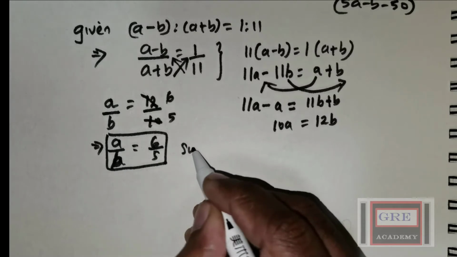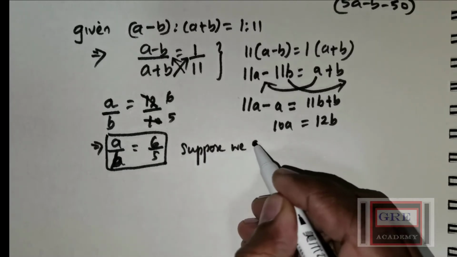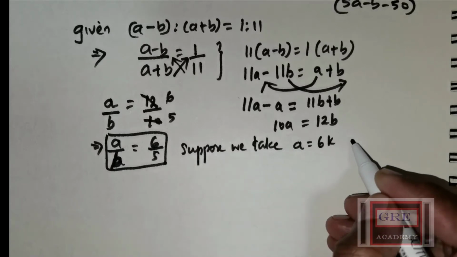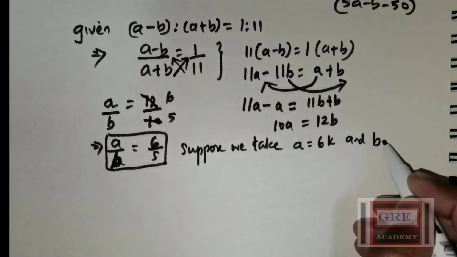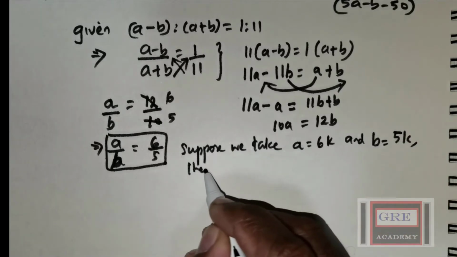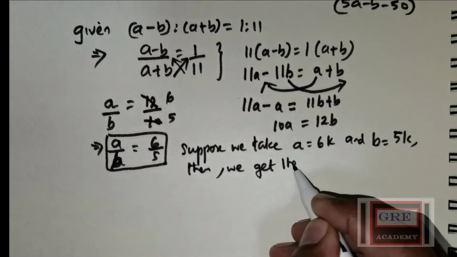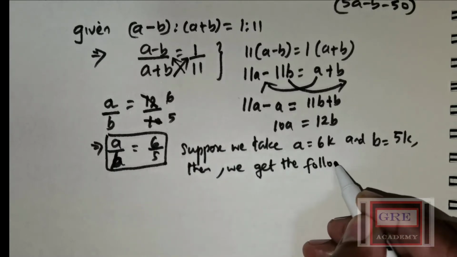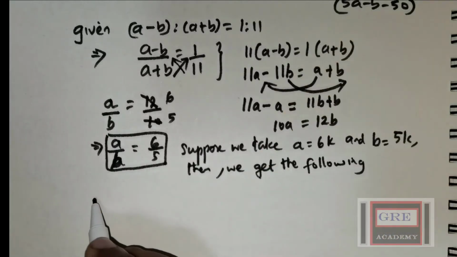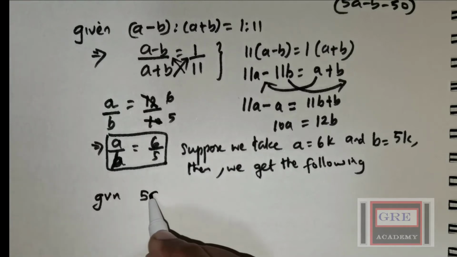Now suppose we take a as 6k and b as 5k. Then we get the following. What exactly are we given?